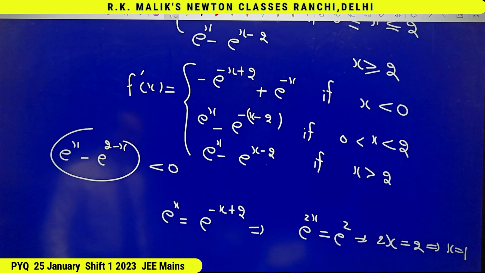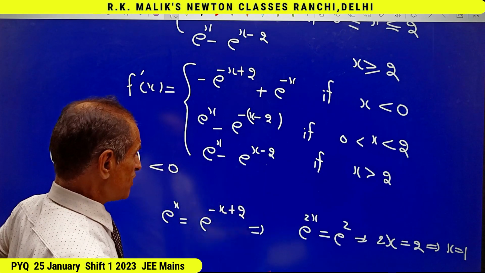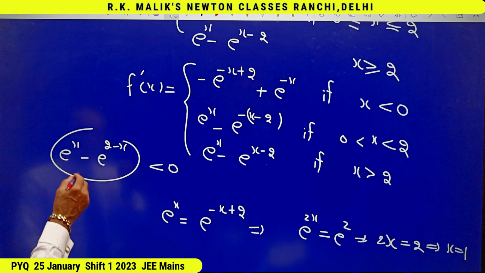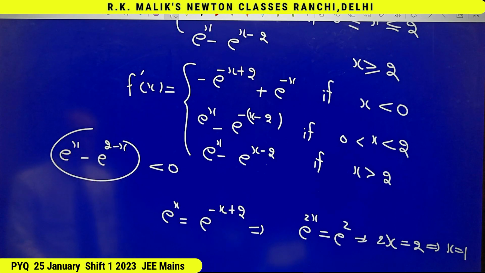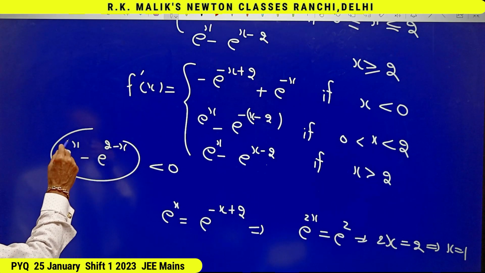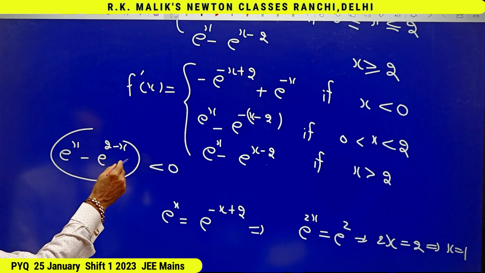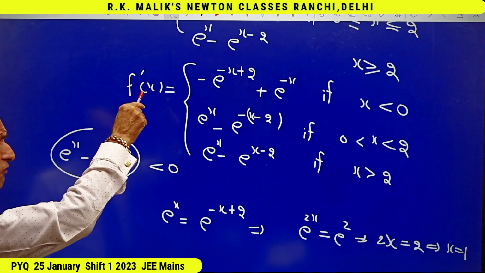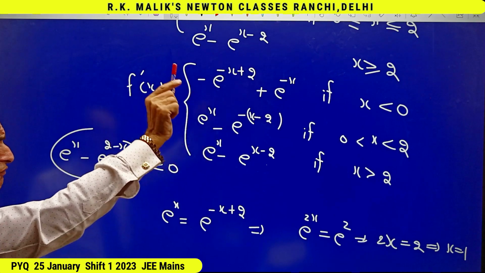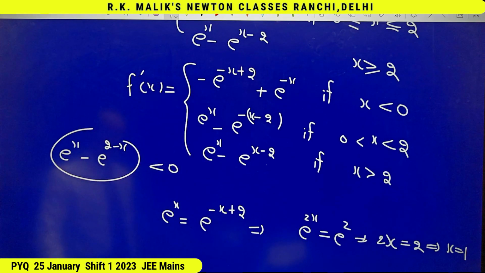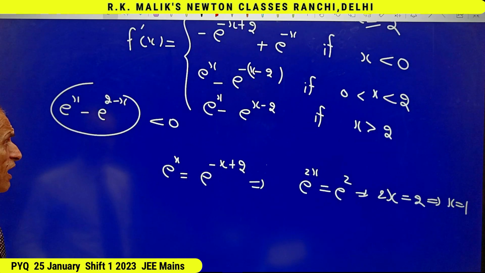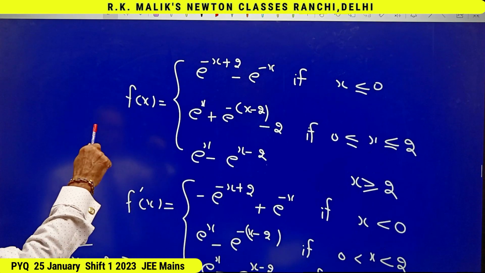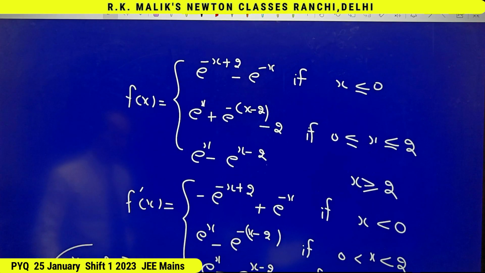And similarly, if I take the value of x slightly greater than 1, then the value of this will be more than this. Therefore, e^x minus e^(2 minus x) will be positive. That is, before 1 the graph is decreasing, after 1 the graph is increasing. Hence, at x equal to 1, f(x) will have local minima. Hence, at x equal to 1, the value of f(x) will be minimum.